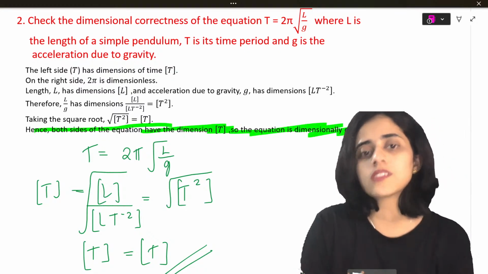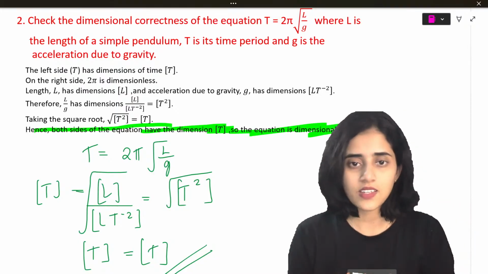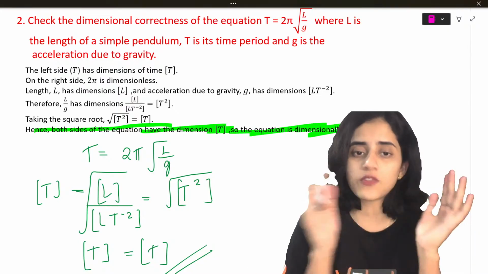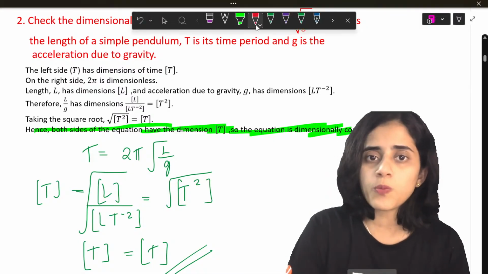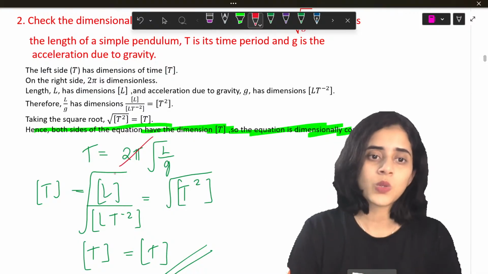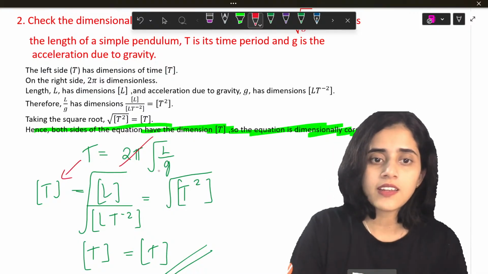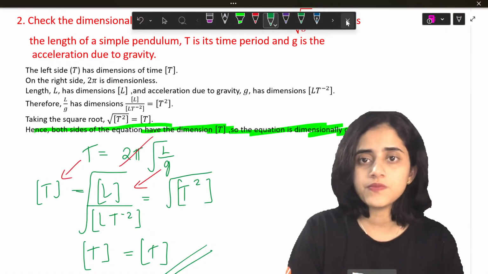So the equation is dimensionally correct. Students, you have to write this one sentence in your answers. Very important. This 2 pi we don't take because constants do not have dimension. We take the dimension for t and then root of L by G.